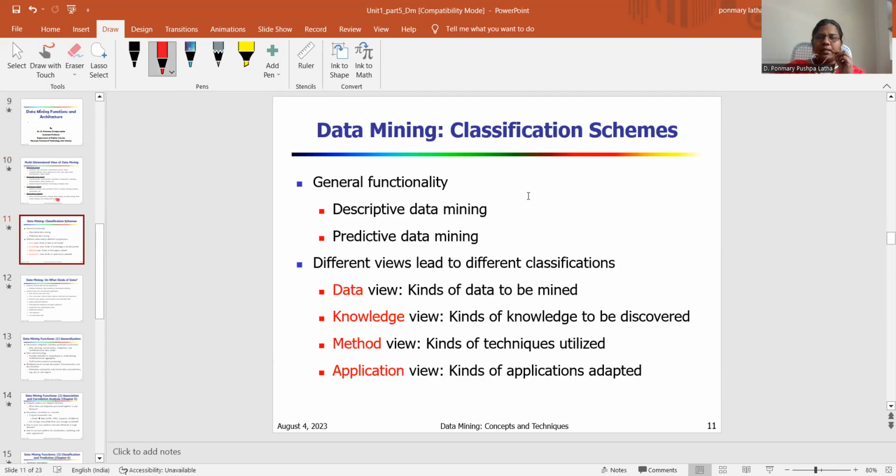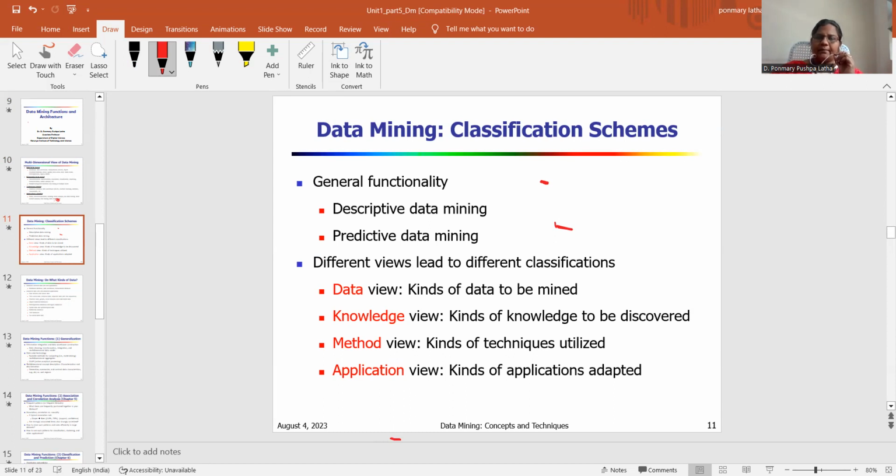In data mining, there are two kinds, descriptive and predictive. For predictive, for example, if you know the max mark, you are able to say which mark you will get for the English mark.